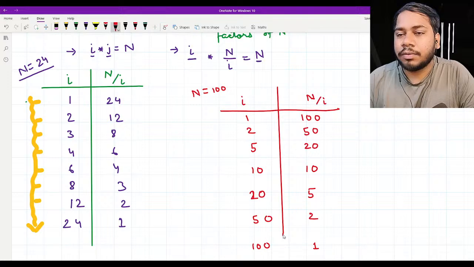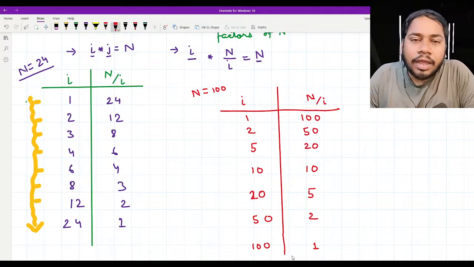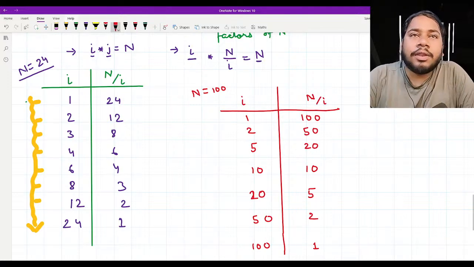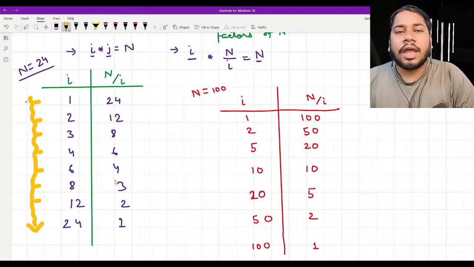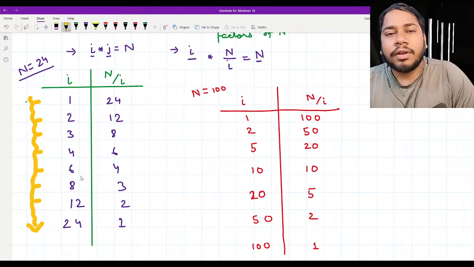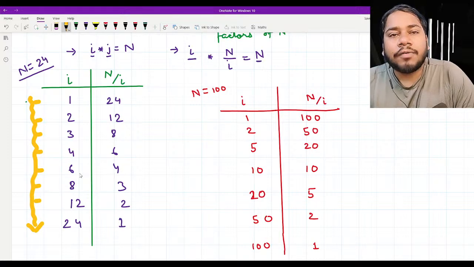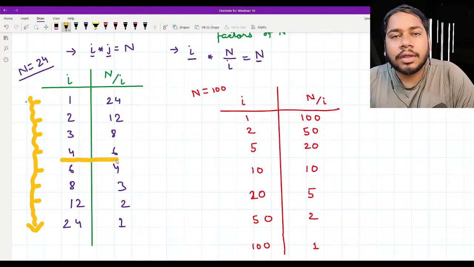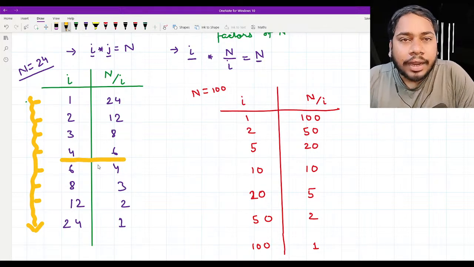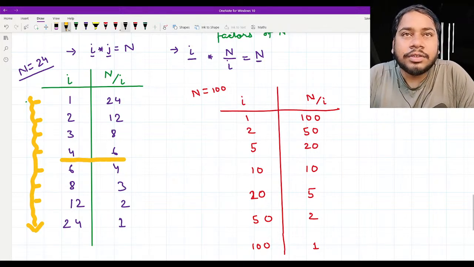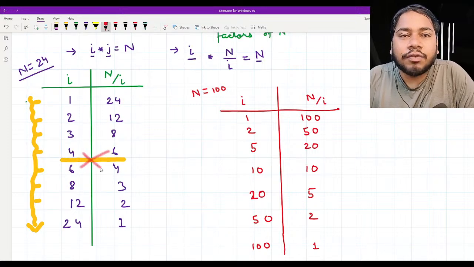Understood? So can you guys see one thing? After this point, we are getting the same factors. Just what has happened is this came here and this went there.